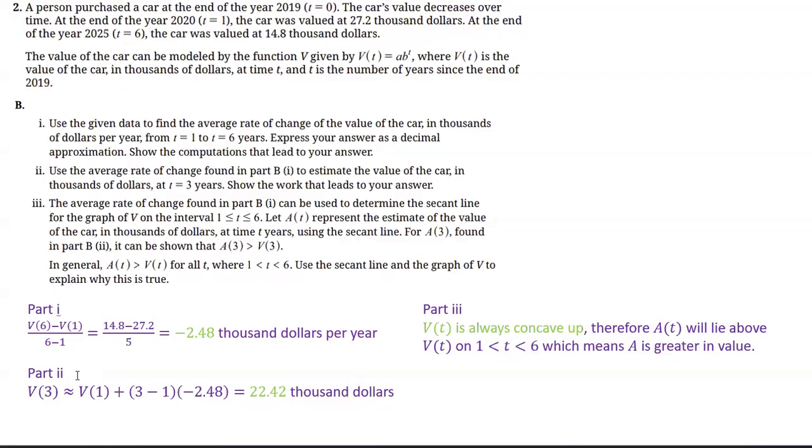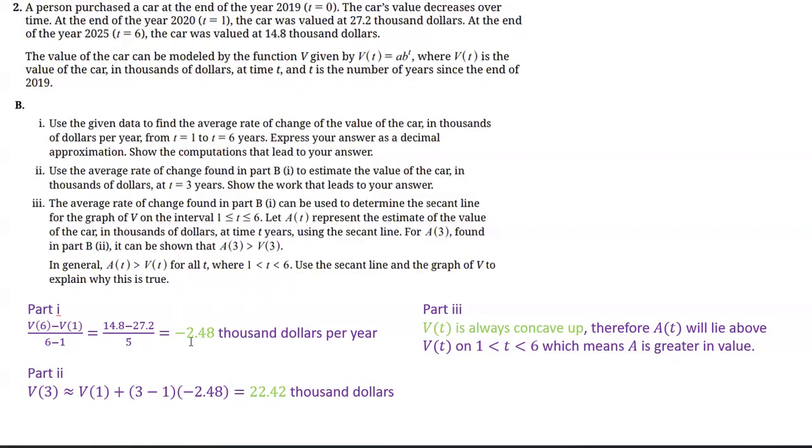Okay, part two: use the average rate of change found in part one to estimate the value of the car in $1,000 at t equals 3. Show the work that leads to your answer. I'm not going to go over the details of how to think this through. I did this in a previous video, I'm pretty sure. If not, I'll redo it in a separate video for this year. But the way to do it is you have your starting point at t equals 1. And instead of using the exponential function, you use the linear model.